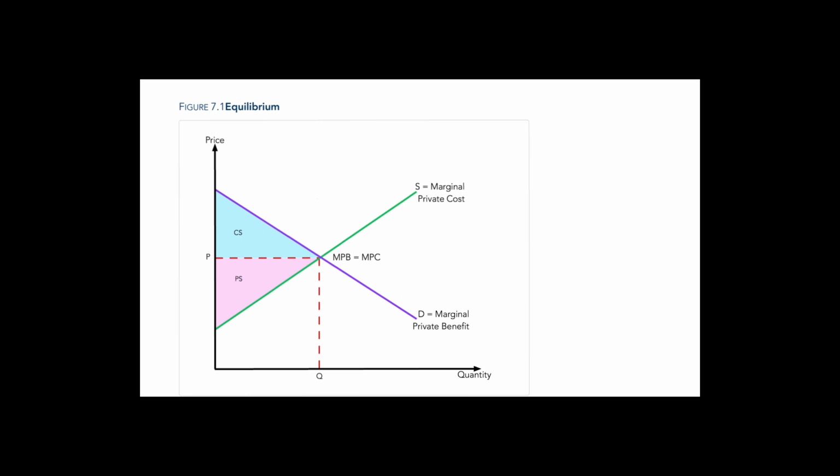Quantity demanded is equal to quantity supplied. Area below the demand curve and above the market price represents the consumer surplus. Area above the supply curve and below the price consumers are paying is the producer surplus. If you add them both together, you get the society's welfare, because consumers and producers both are part of the society. We say at equilibrium, you will have the maximum social welfare.